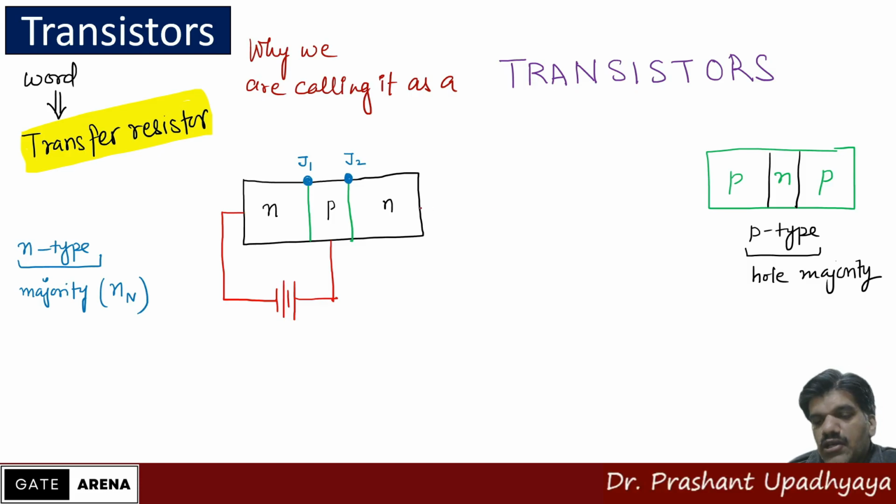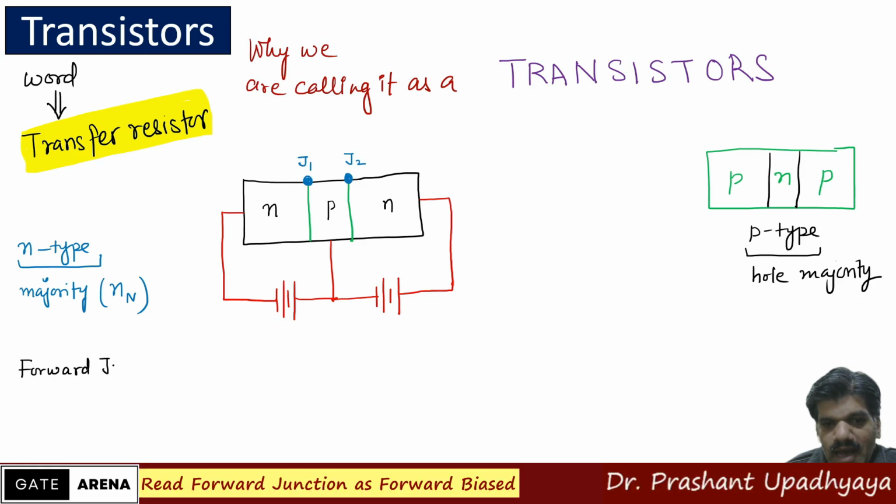Similarly, when we are talking about the reverse bias, I'm making the junction between P and N reverse biased. I'm making it like this. So my J2 is my reverse bias. If you remember, we have talked about the forward junction, and we have seen that the forward junction offers a low resistance.